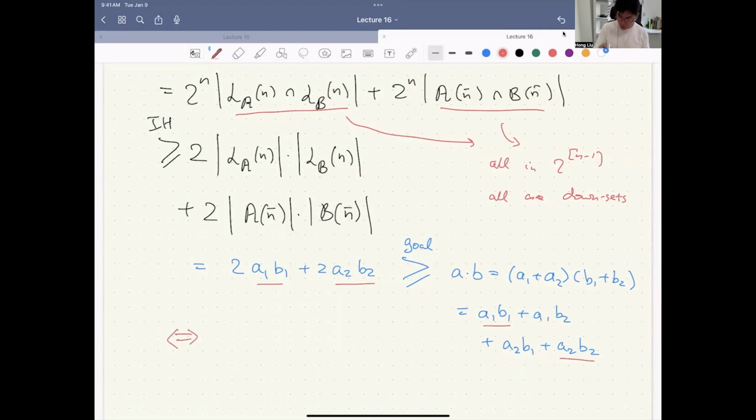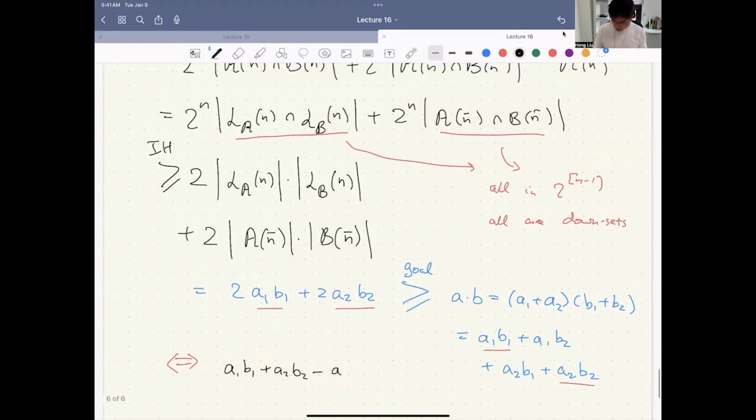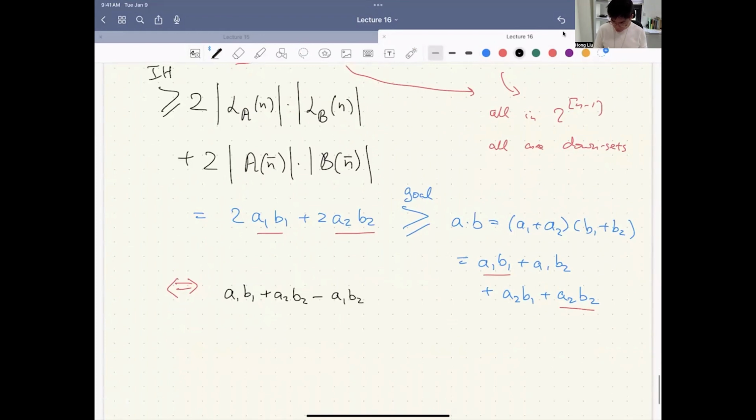So our new goal is A1 B1 plus A2 B2 minus A1 B2 minus A2 B1 is greater than or equal to 0. We can factorize this.